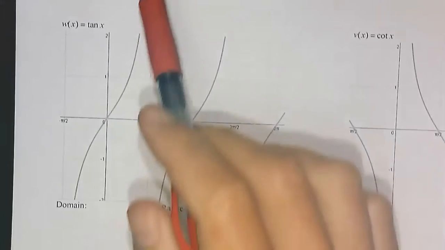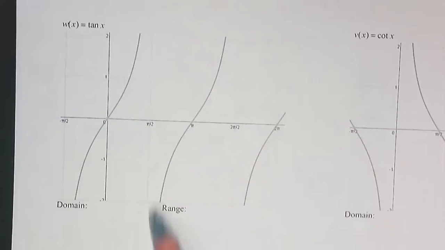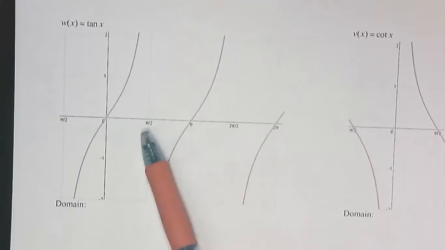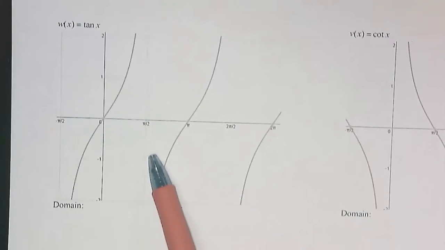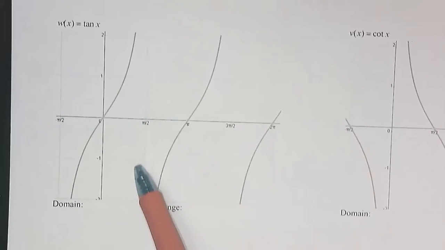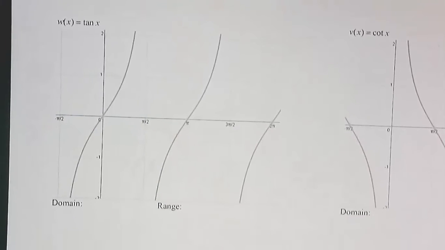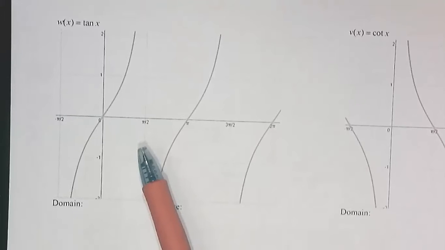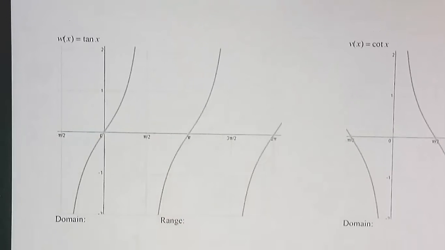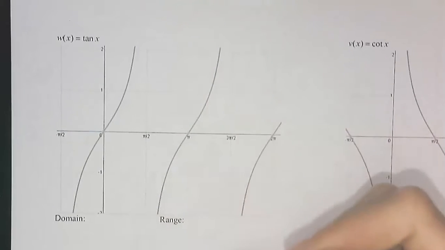It does have these built-in asymptotes every pi when our tangent blows up. When our cosine goes to 0, the cosine being the denominator of our tangent ratio, it goes haywire.